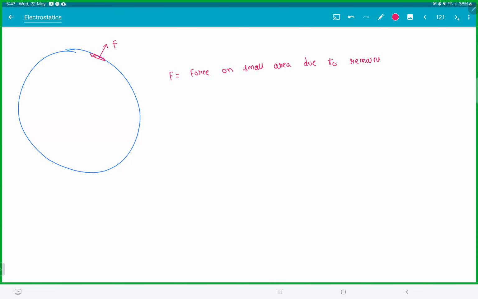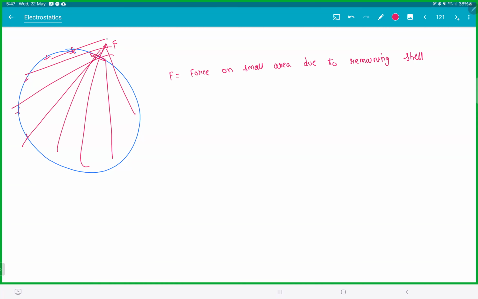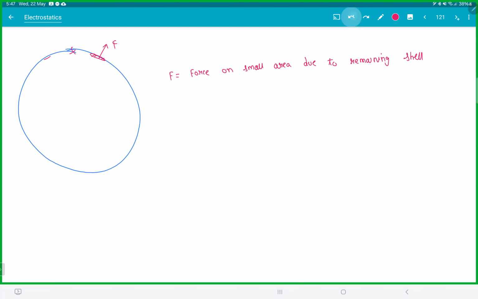Isn't that how you find the force between two systems? Because there is a positive charge everywhere on the shell, they're getting repelled, because of which there is a force on this small piece. So on that small area, the force on the small area due to the remaining shell is what?